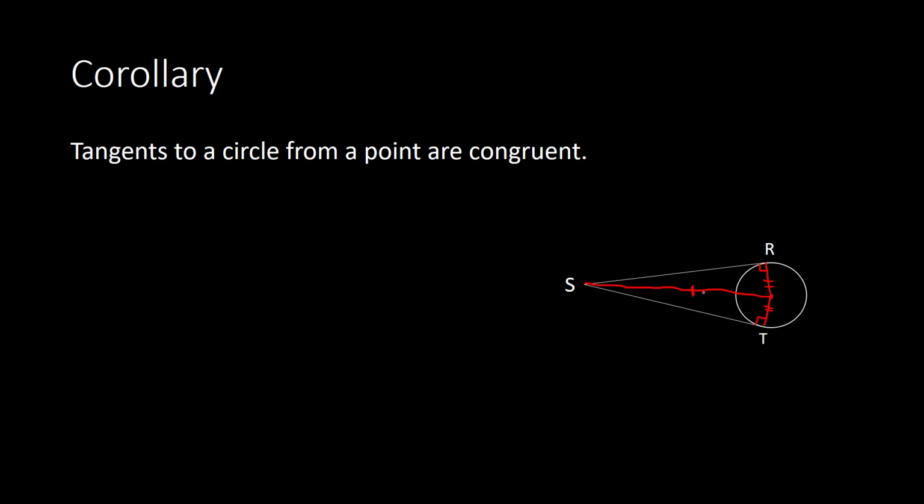So we have a hypotenuse and a leg that are congruent to another hypotenuse and a leg. So therefore, based off our hypotenuse-leg theorem, we have congruent triangles. And because the triangles are congruent, then therefore SR and ST would be congruent as well. So that is the reasoning behind this corollary.